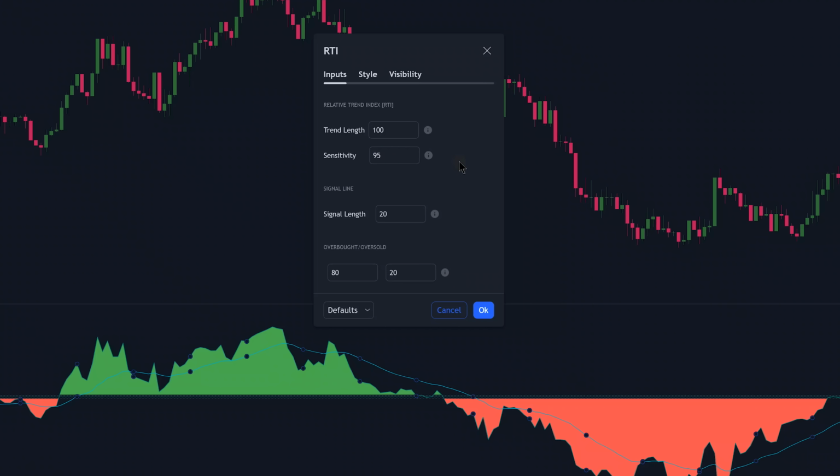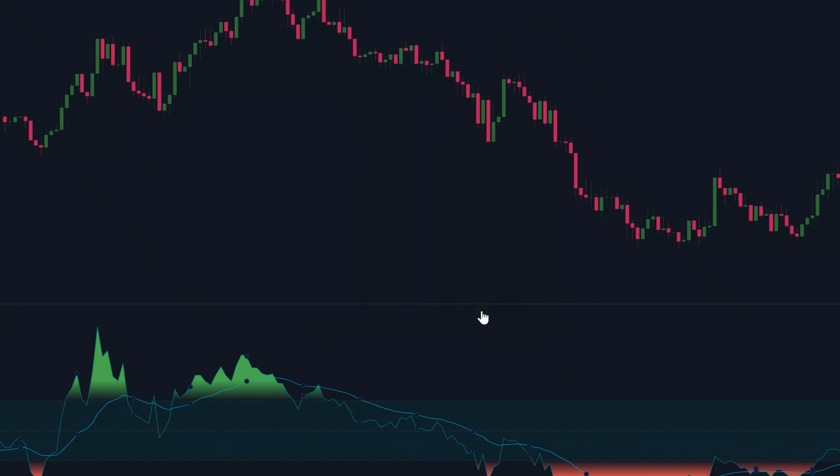Now, at this point in time, I know you may be thinking, but how is this indicator better than the traditional RSI indicator? Well, the Relative Trend Index presents several advantages over the Relative Strength Index. You see, while the RSI indicator solely focuses on the speed and change of price movements, leading to potential false signals during extended trending periods, the RTI indicator incorporates the relative positioning of the current closing price within its recent range, offering a broader perspective on market conditions.